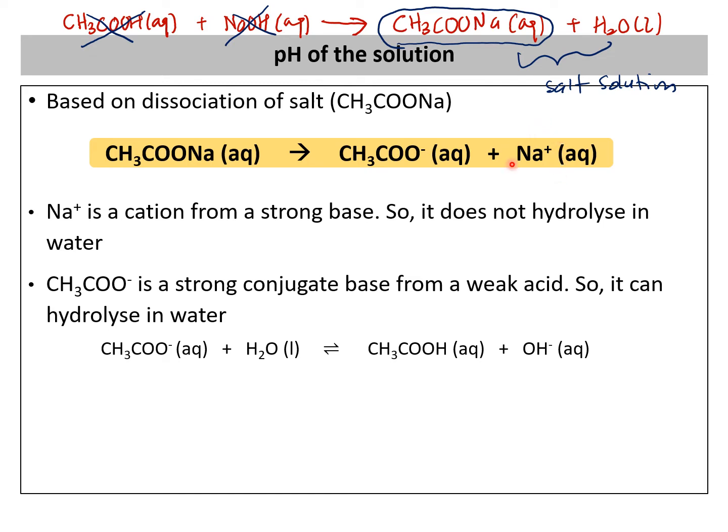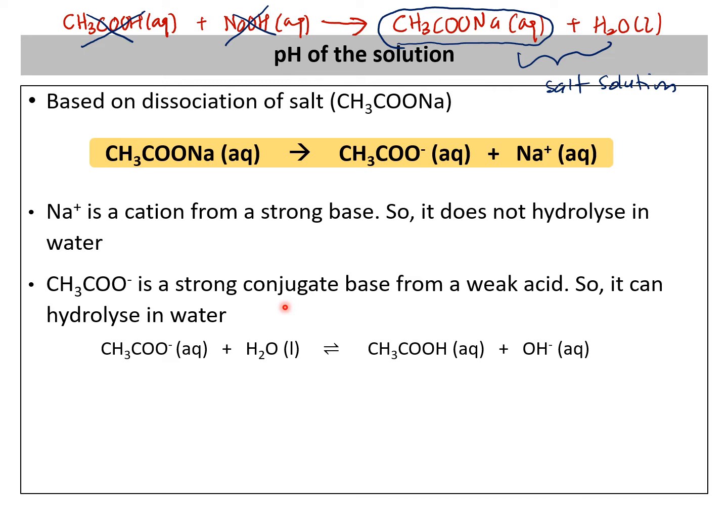If the one from a strong base ataupun strong acid, kita takkan consider dia sebagai conjugate acid or conjugate base. Okay, usually lah. But the one that originated from a weak acid or weak base, kita akan tulis dia sebagai strong conjugate acid ataupun strong conjugate base.